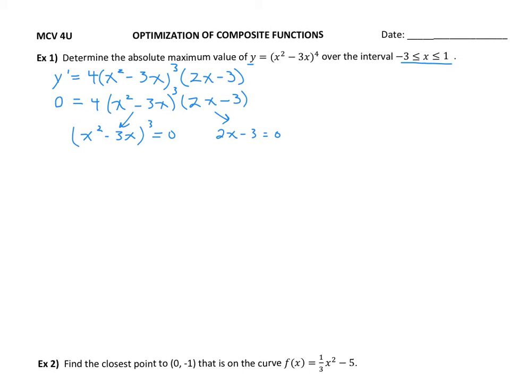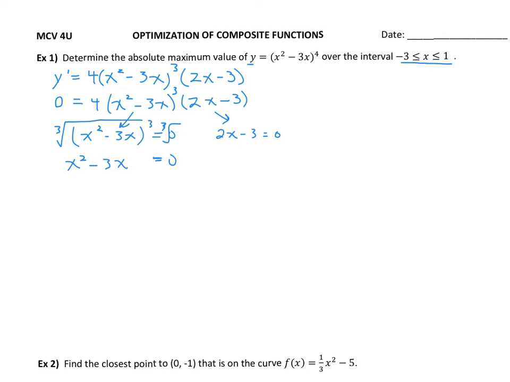Now, within this, I'm going to first of all take the cube root of both sides. So cube root this one, cube root this side. The cube root of 0 is 0, and then that just undoes what we have for our cube. It undoes the exponent 3.